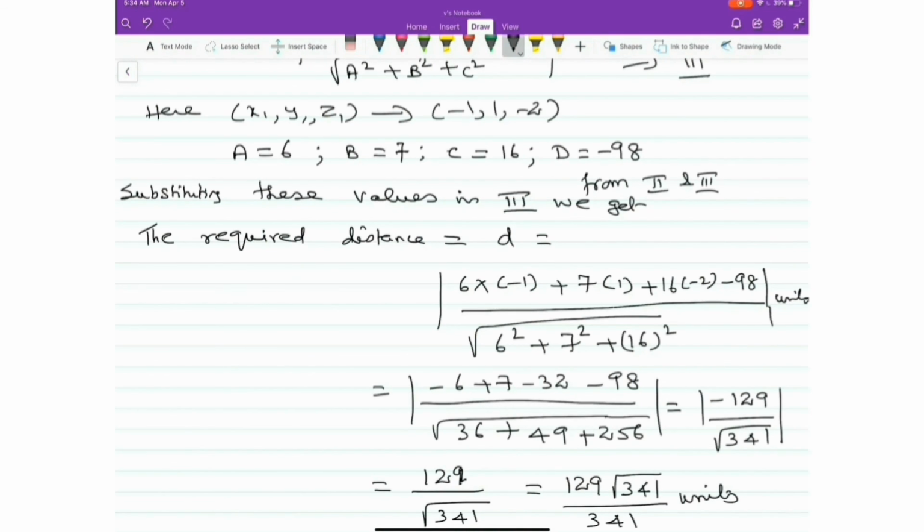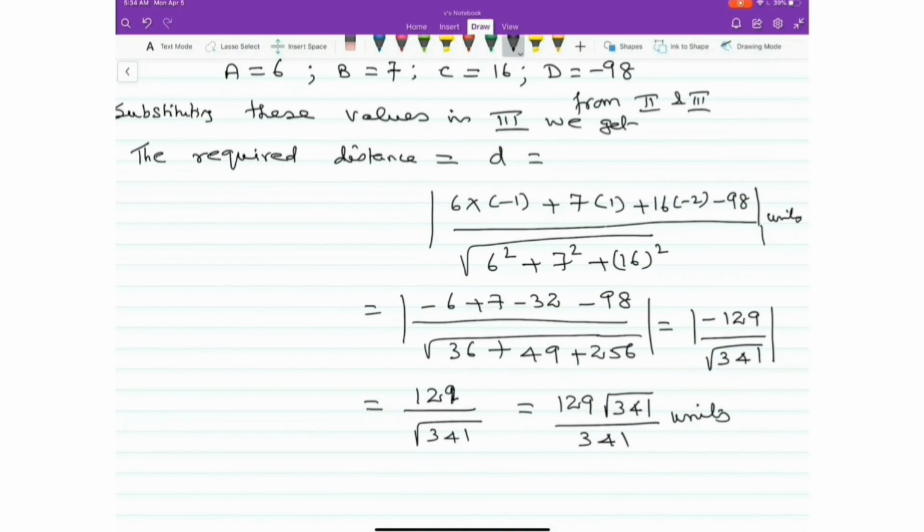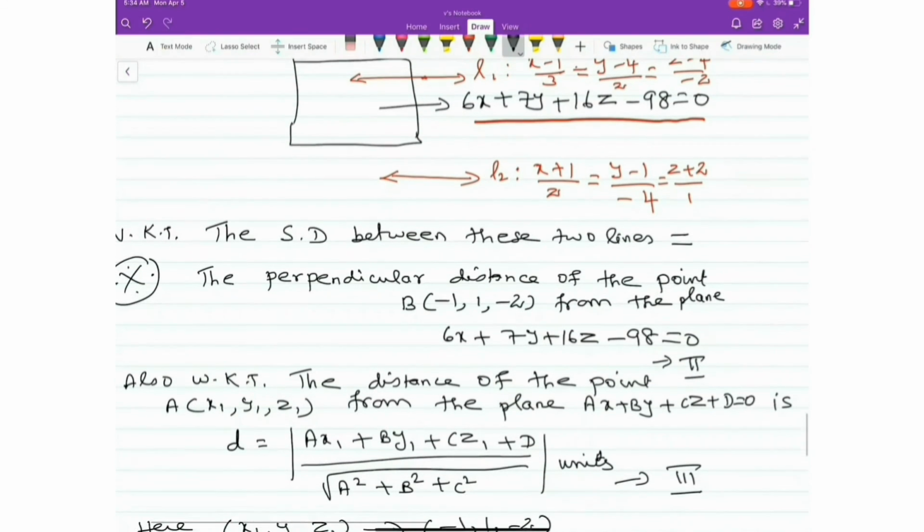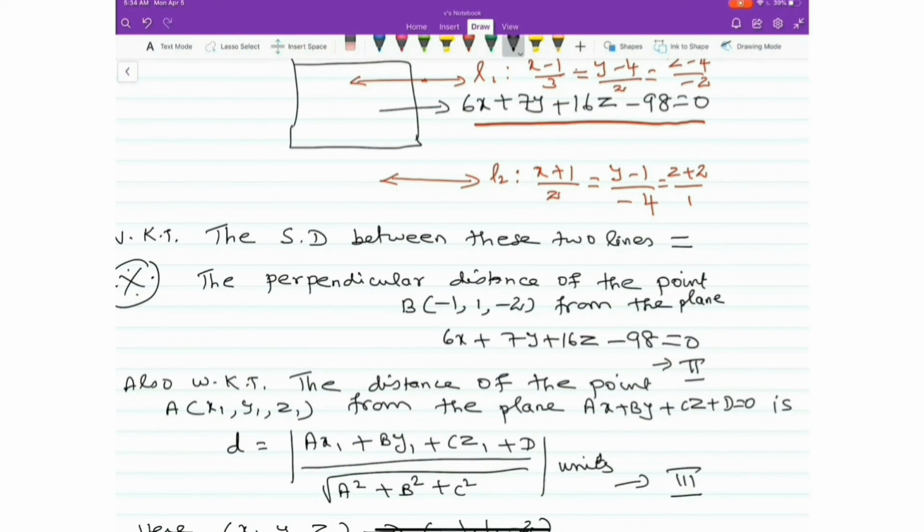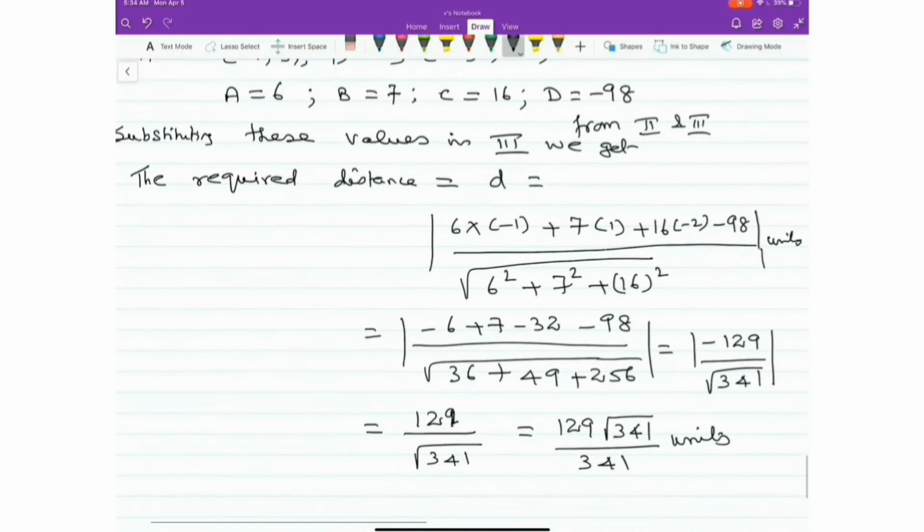So this is going to be the distance of the point. The point on the line is minus 1, 1, minus 2. So the distance of the point minus 1, 1, minus 2 from the plane 6x plus 7y plus 16z minus 98 equal to 0. Finally, you have to write both the answers together.